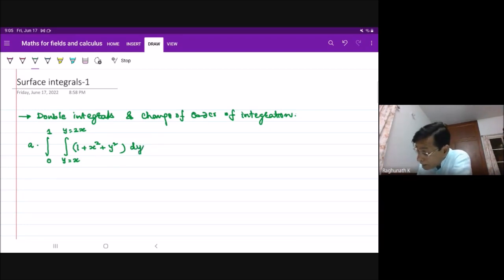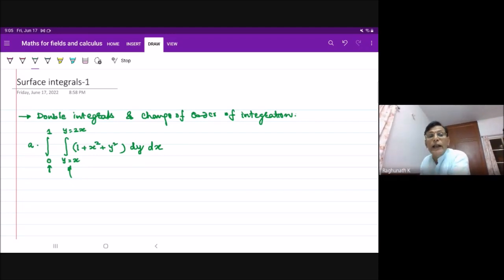Some people give the integral limits as this first and this next outer and then put dx dy. Doesn't matter. Whether it is dx dy or dy dx, you have to evaluate the integral with respect to y first, because limits for y are there in the beginning as a function of x.